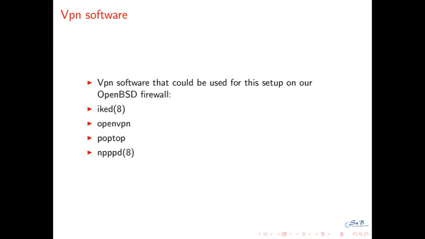So I'd like to have a solution which would work on quite every platform. Then there was PopTop, which is available on BSD, but it's quite slow. So we were trying to search for another solution.